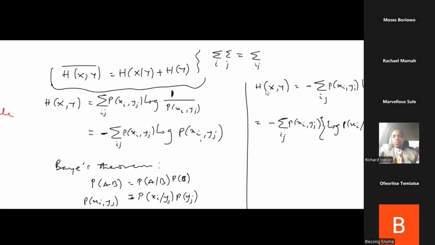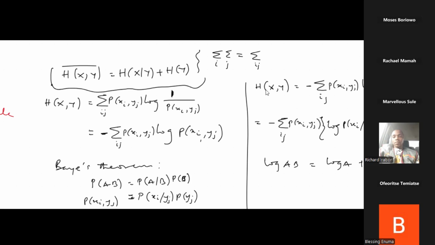I'm sure this is clear. Now recall we have a product. By laws of logarithm, log AB is the same as log A plus log B, right? So that's what we just did.